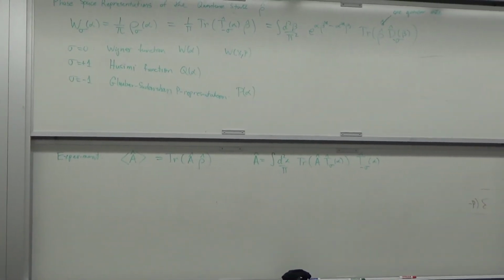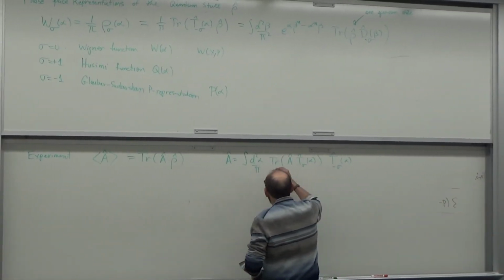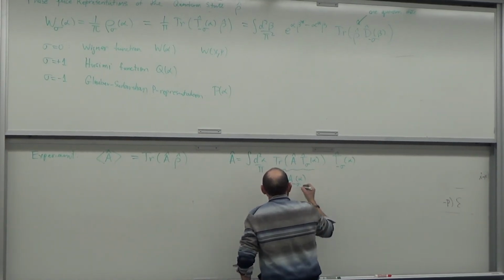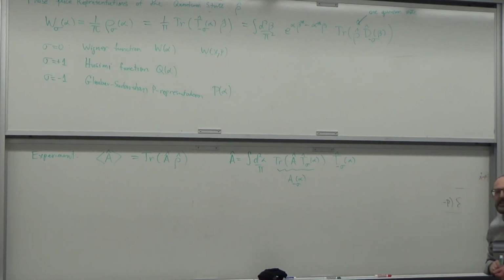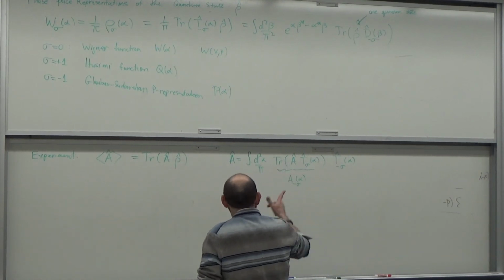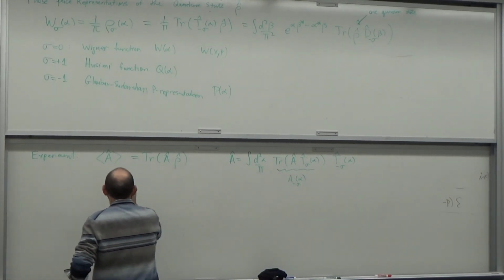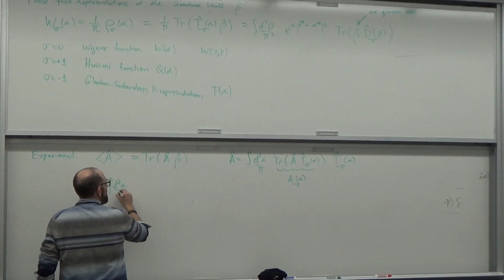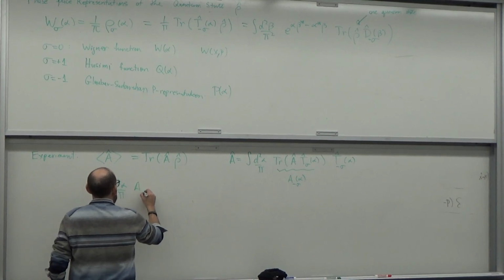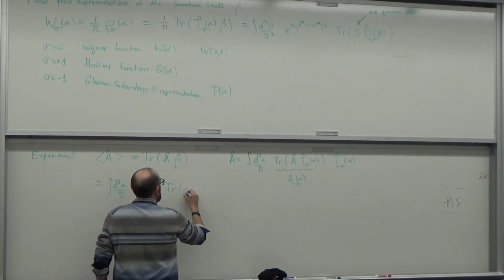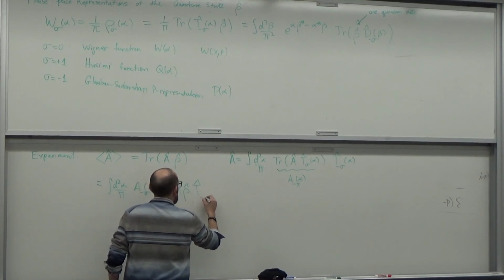So what we see, if I then take the trace of this with this, is equal to the integral over all space of the trace of rho with t minus sigma.